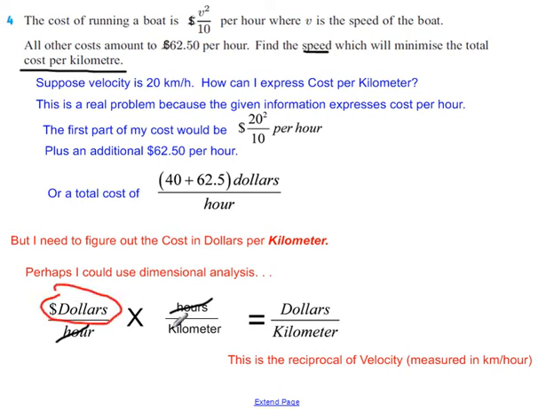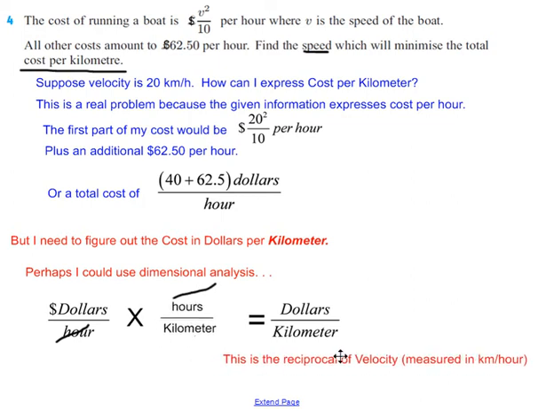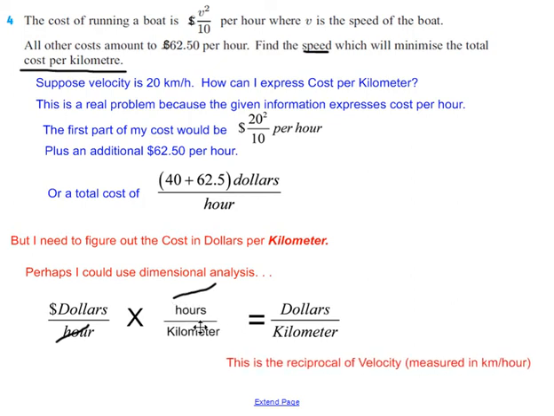You may recognize that hours per kilometer is the reciprocal of velocity. Velocity is measured in kilometers per hour, and this is hours per kilometer.